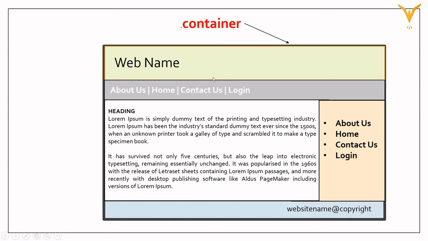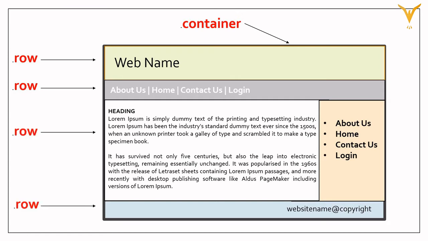So here also we are going to use the div tag to create those sections, and in that div tag we are going to apply these classes. For the first row we use the row class, for the second row another row class, for the third row another row class, and for the fourth row we will use one row class. Okay, so we have a total of 4 rows, so we are going to use 4 row classes for 4 div tags. And all these row classes will be inside which class? They will be inside the container class.